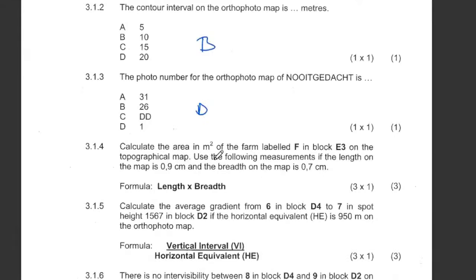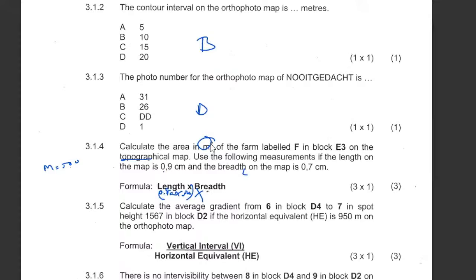Then calculate the area in meters of a farm labeled F on the topographic map. Use the measurements given. So they have given us the measurements and they want the answer in meters. So we consider meters and which map is being used? Topographic. Therefore, we remember that if it's meters on the topographic, we use 500. Therefore, we say the area here is L times B. The value for L is 0.9. So it becomes 0.9 centimeters times 500. You can put this in brackets.